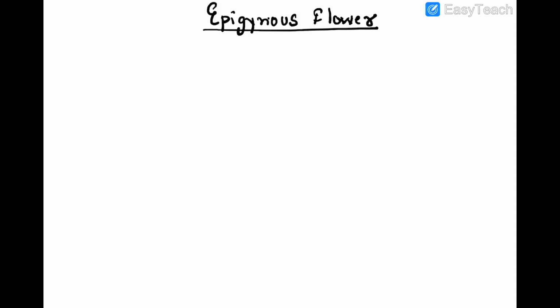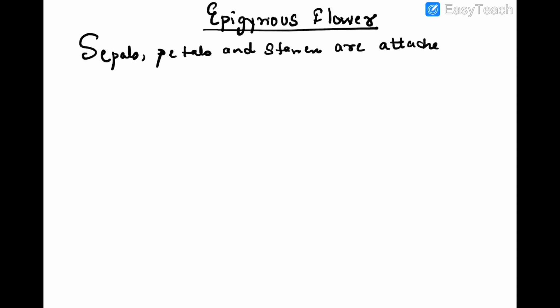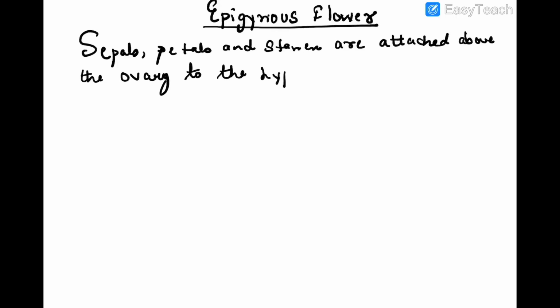In an epigynous flower, sepals, petals, and stamens are attached above the ovary to the hypanthium, which is fused with the ovary wall.